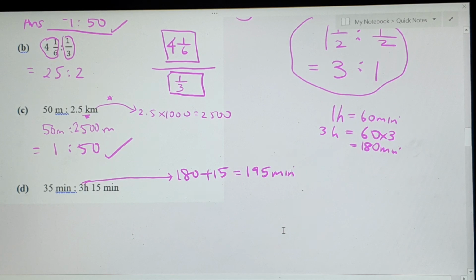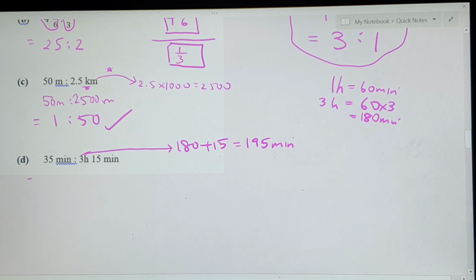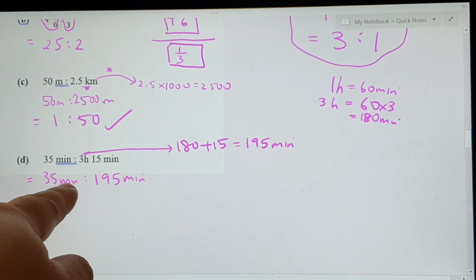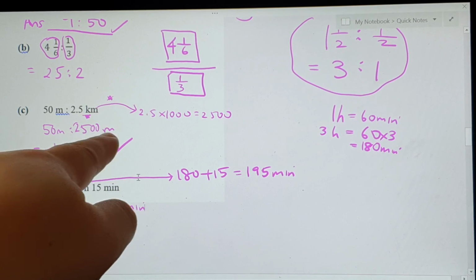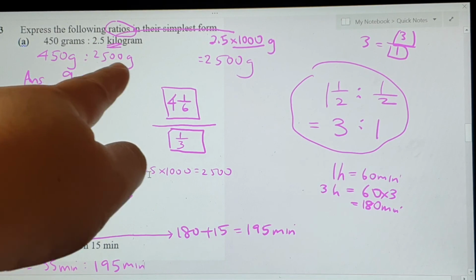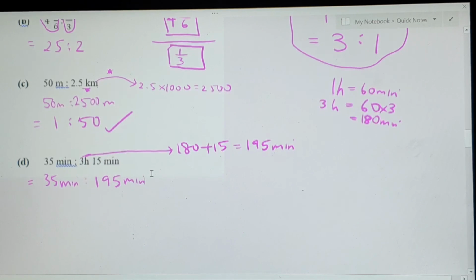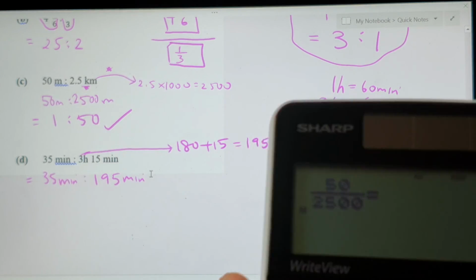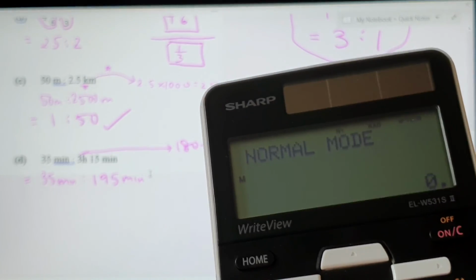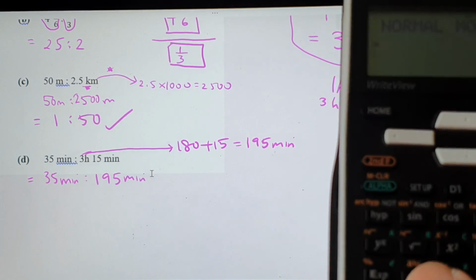Alright? Now, I'm going to write this here, 35 minute and 195 minute. Only when the units are the same, then you can key into your calculator. So you press A over B, right?